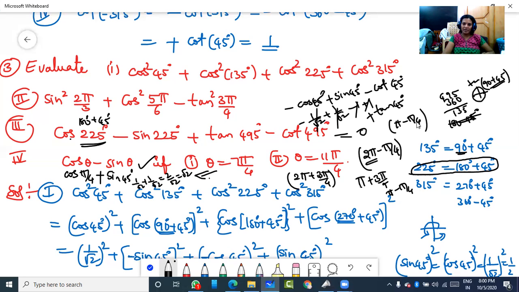In the second quadrant, cos is negative, so minus cos pi by 4 will come. Again for sine also, pi minus pi by 4, but in the second quadrant, sine is positive. This is minus sine pi by 4. It is equal to minus 1 by root 2 minus 1 by root 2. This is minus root 2 is the answer.